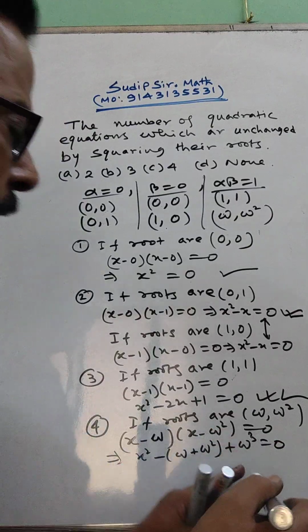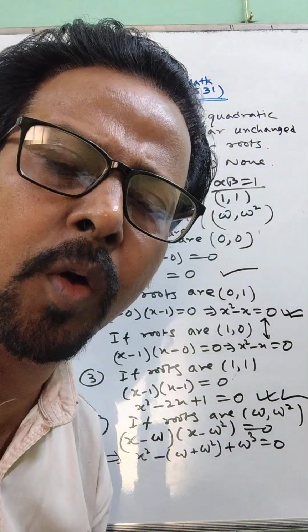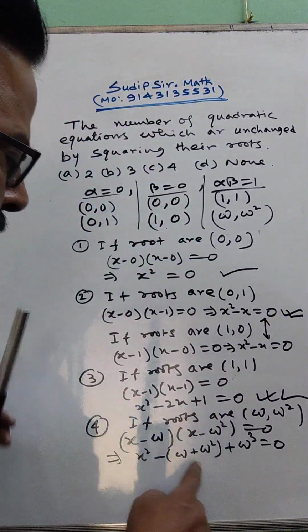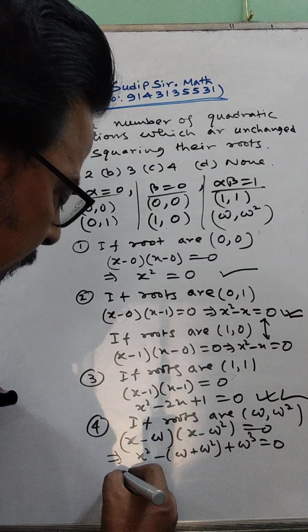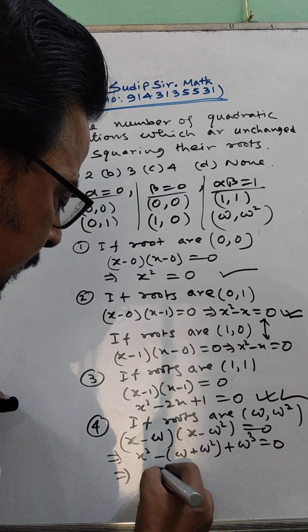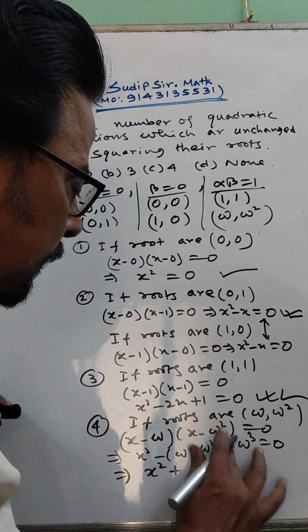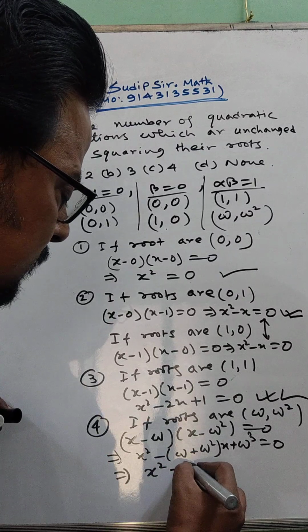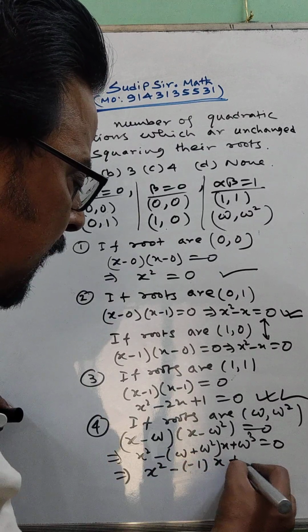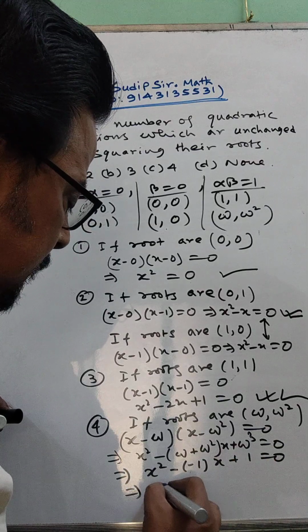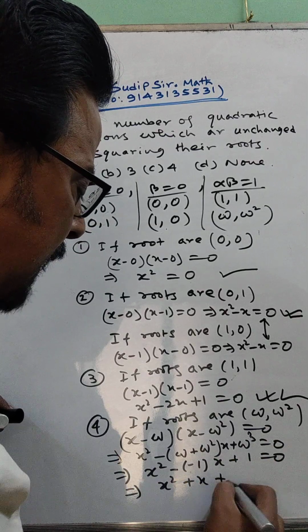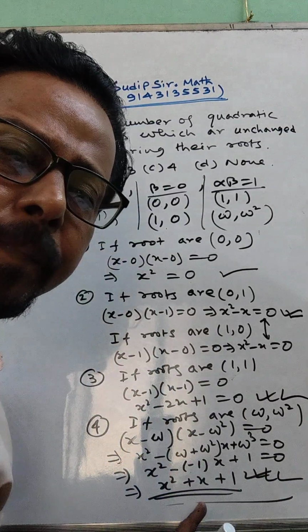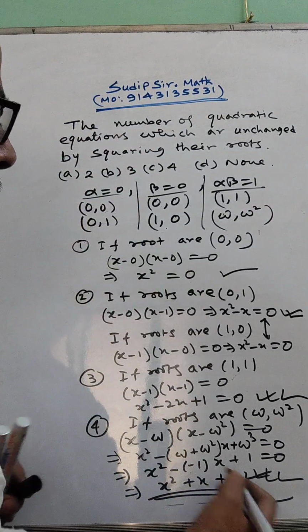Now you know, for cube root of unity, omega cube equal to 1 and omega plus omega square is minus 1. That is x square minus of minus 1 x plus omega cube is 1, that is the fourth equation, x square plus x plus 1.